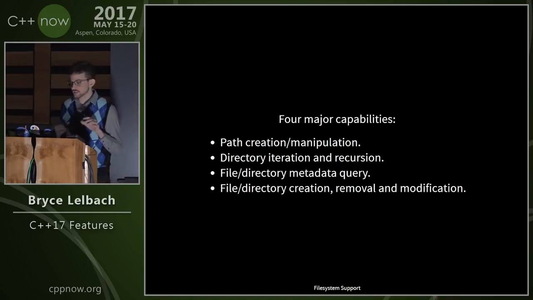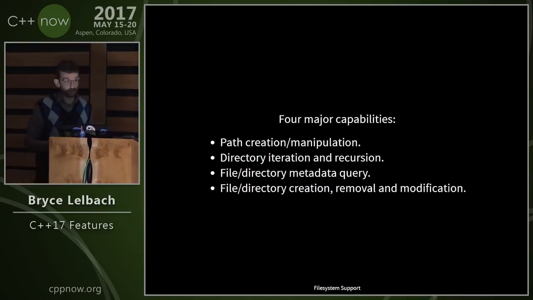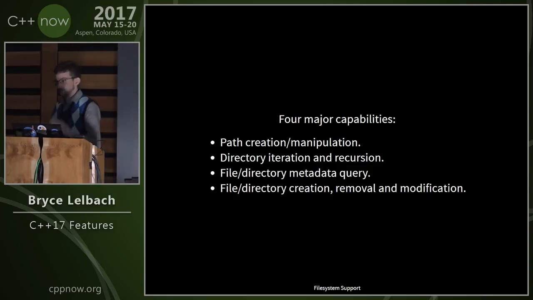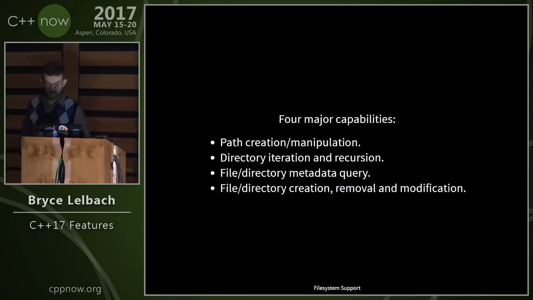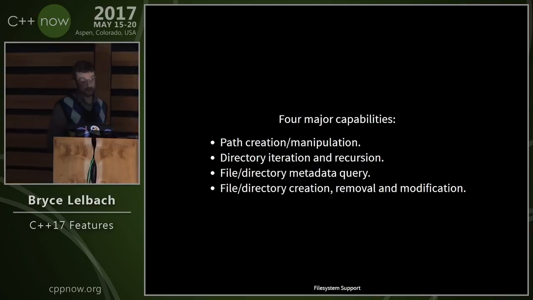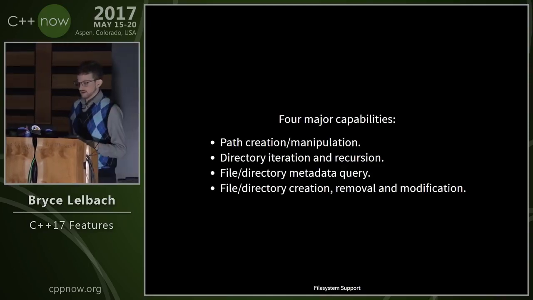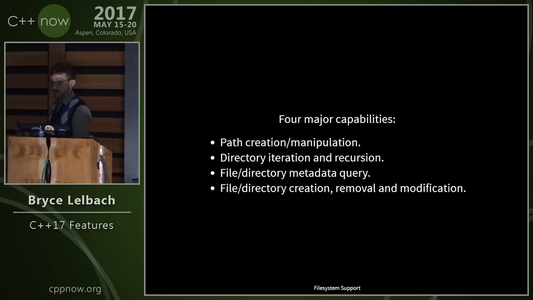There are four major things you can do with the file system interface. You can create and manipulate paths in a platform agnostic way. You can iterate directories and recurse through directories, so you can explore the directory structure. You can query file and directory metadata, and you can create, remove, and modify files and directories and their metadata.